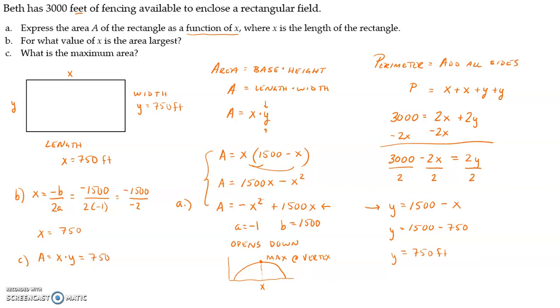We've got 750 times 750, which is going to give us 562,500. And we want to make sure we go ahead and put units on this. Since we're working with area, this is going to be square feet.